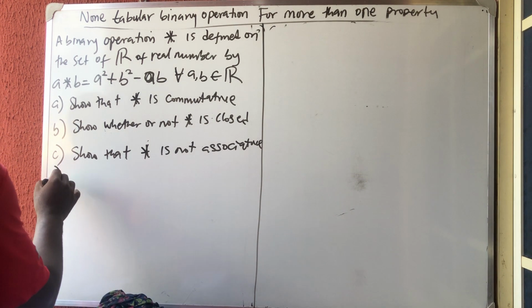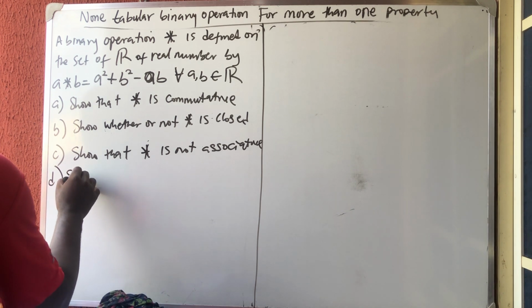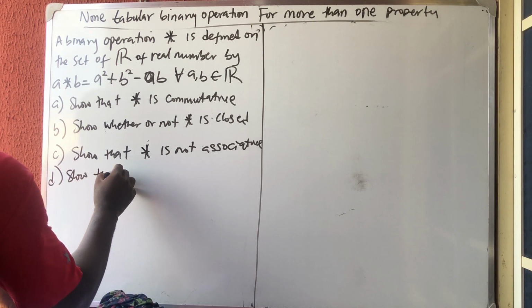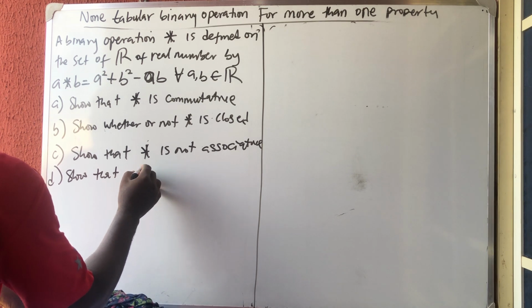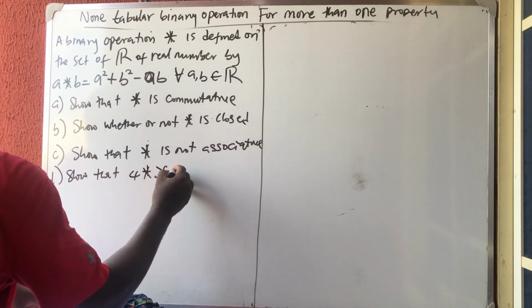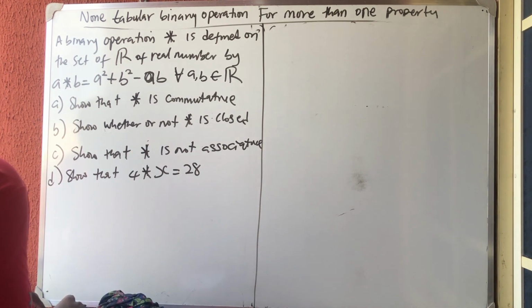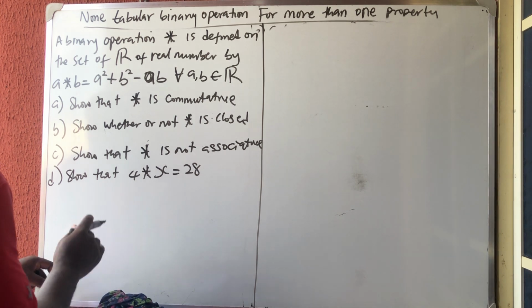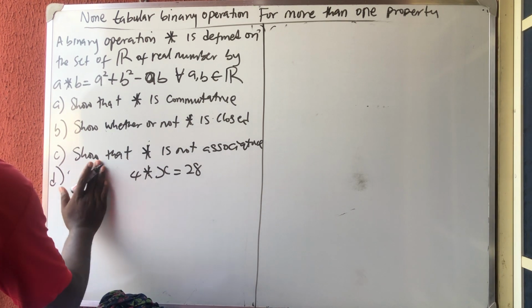Then D, solve the equation 4 star x is equal to 28.